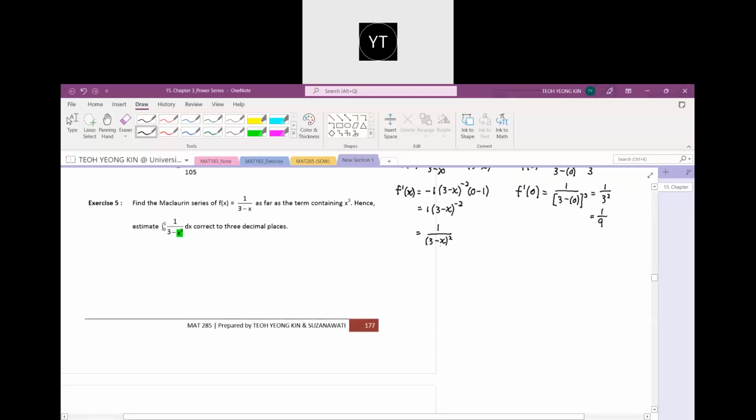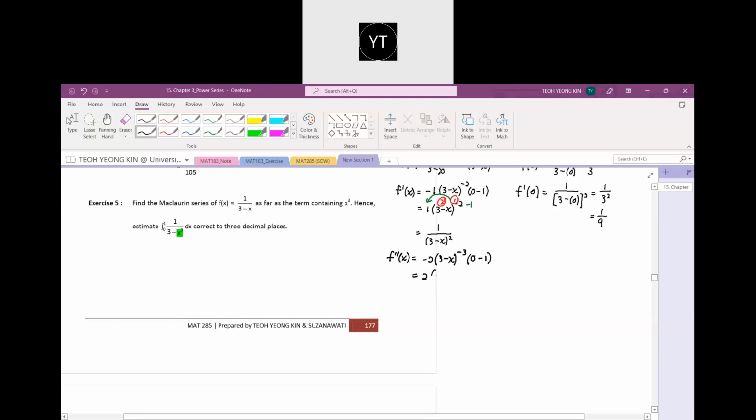Okay, right. Second derivative. First, differentiate the index. Second, differentiate the bracket. Multiply the index to the front, minus 1. Negative 2 times 1 is negative 2. (3 minus x) to the power of negative 3. Differentiate the bracket, 0 minus 1. So again, negative 2 times negative 1 is positive 2.